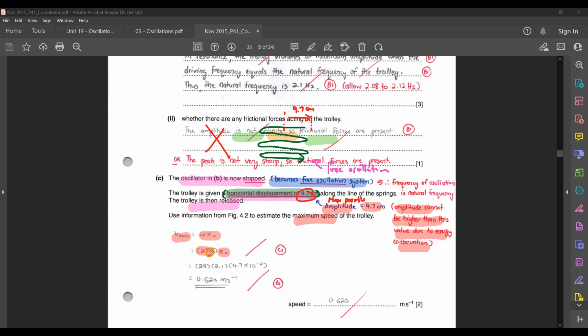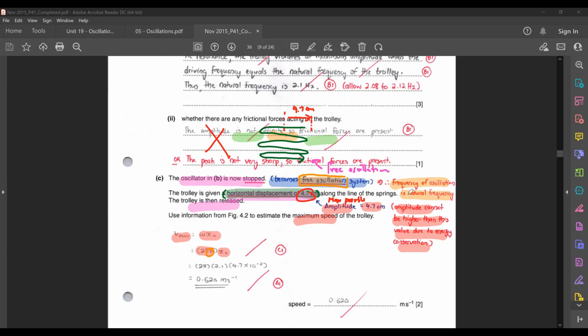Okay. So right now, I already told you that your system is oscillating freely. It's a free oscillation system. I also mentioned last week that when you were having a free oscillation system, it oscillates with natural frequency. So for this part here now, when your trolley is oscillating, it is actually oscillating at natural frequency.